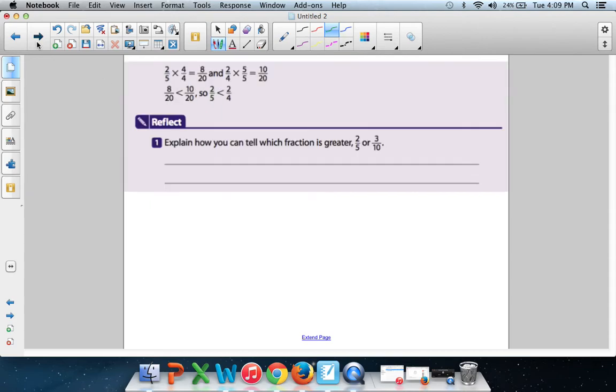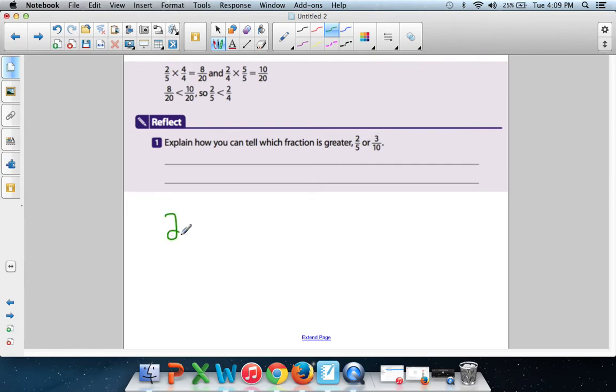Okay, moving on. Last thing, here's a whole bunch of nonsense. We'll look at that in a second. Explain how you can tell which fraction is greater, 2/5 or 3/10. This right here, my friends, is where common denominators are so important.